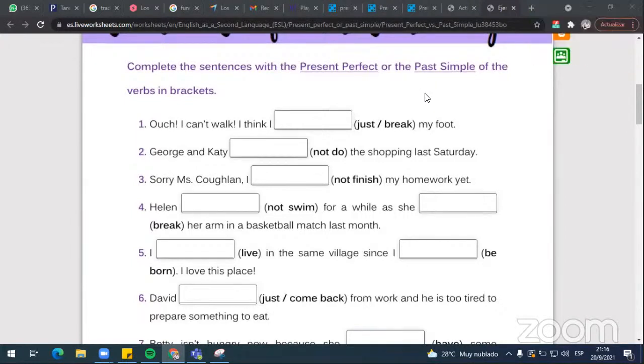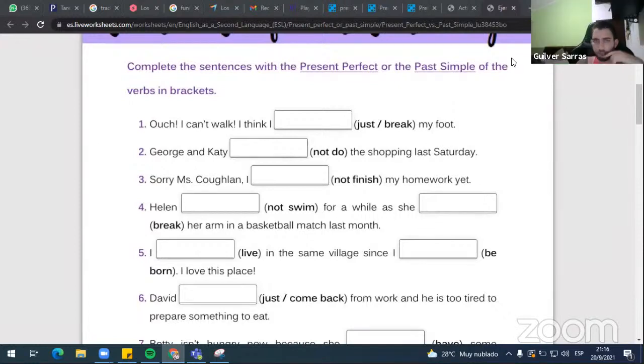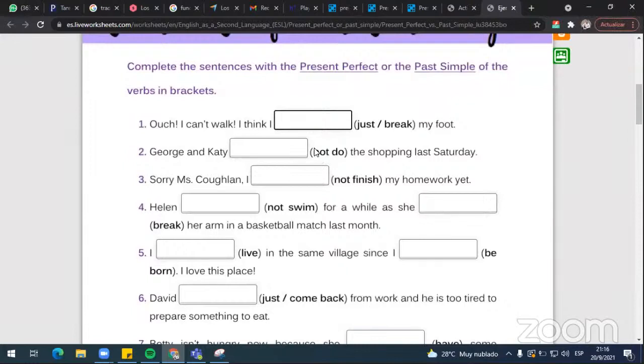Okay, the verb is break. No? I don't know. What do you think, guys? Is it past simple or is it present perfect? El verbo es break.